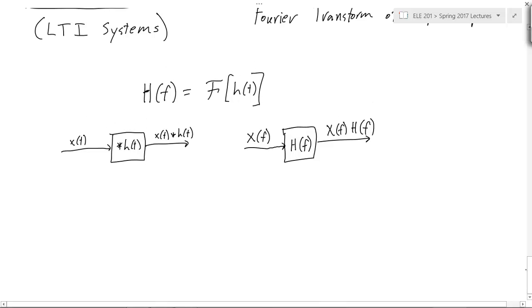One feature worth noticing is that complex exponentials are what we call eigenfunctions of LTI systems.